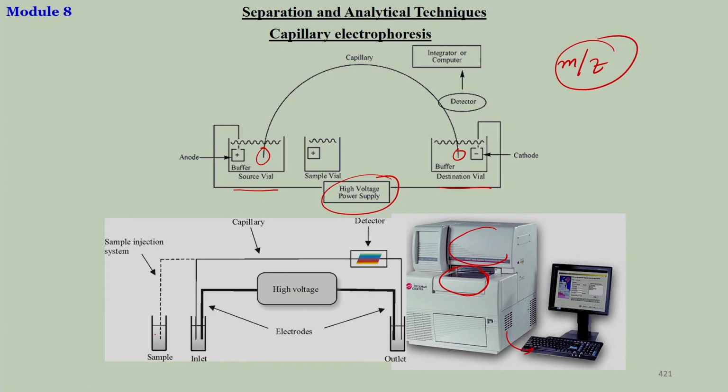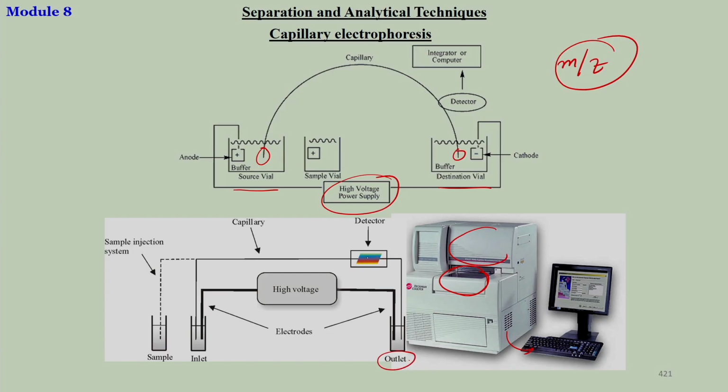Here the sample injection happens in the capillary, your electrodes are dipped here, and voltage is applied across the capillary. This is one electrode, this is another electrode. So your sample is going through the capillary, and depending upon the interactions it will move at different speeds. It will reach the detector here, and after that it will go to the outlet.